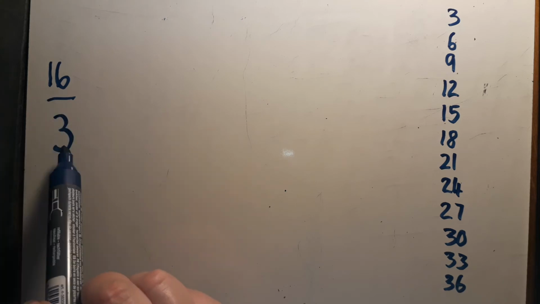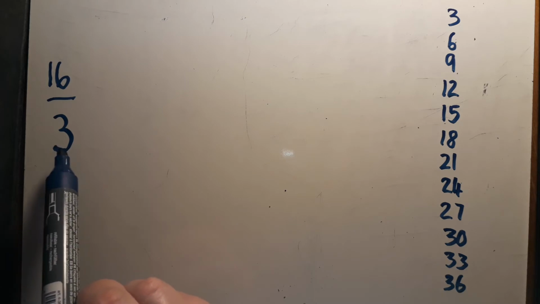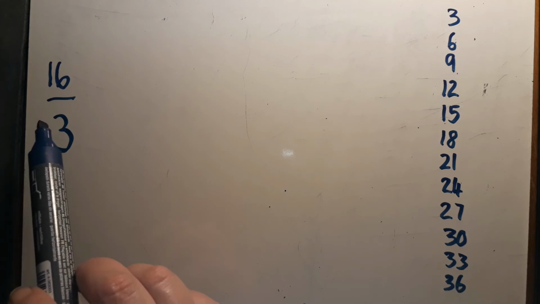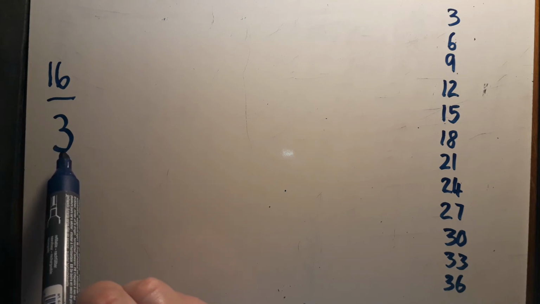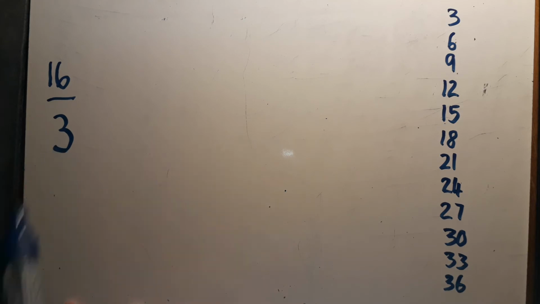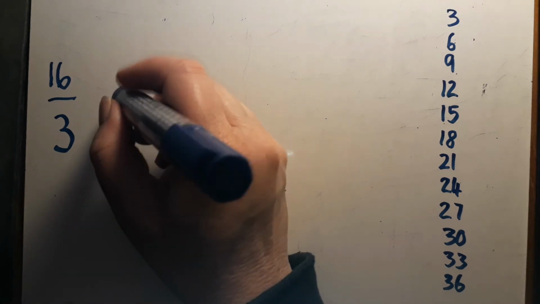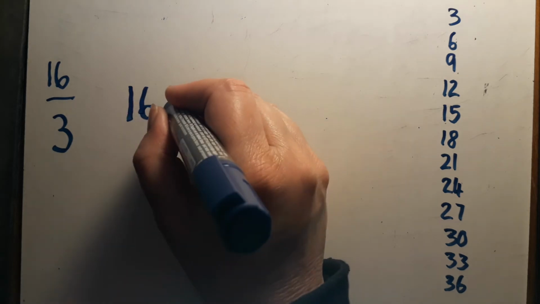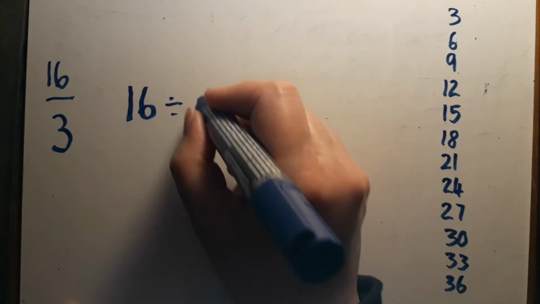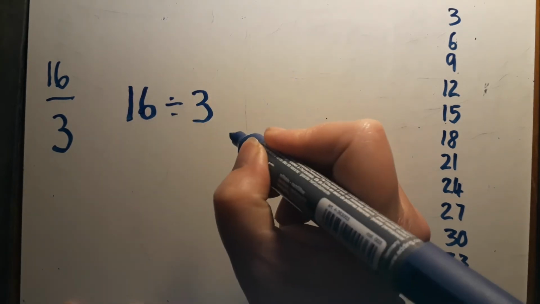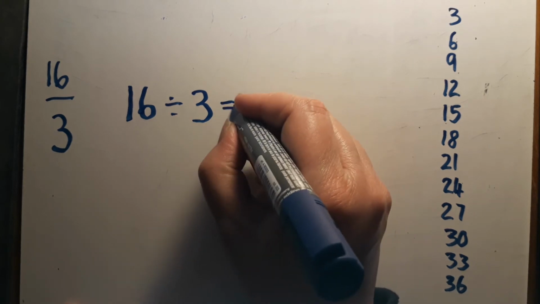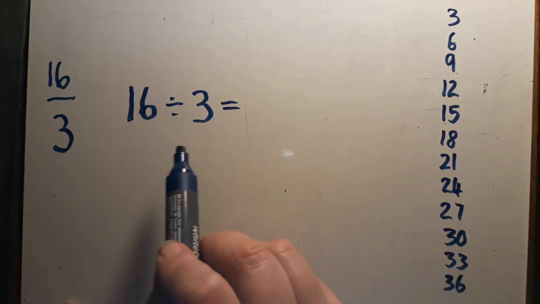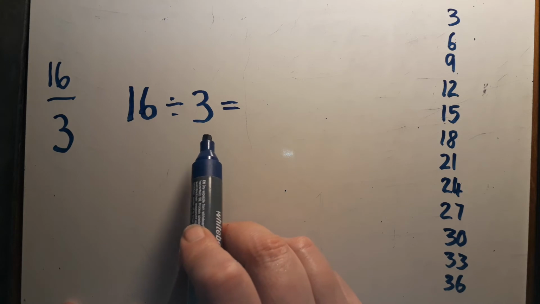I want to change this fraction into a mixed number, so it's going to show how many wholes there are and any fraction left over, any fraction remaining. So what I'm doing is dividing the number of parts I have, which is 16, by the amount in a whole, which is 3. So I'm doing 16 divided by 3.